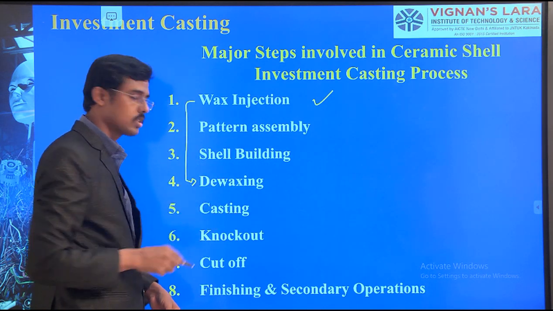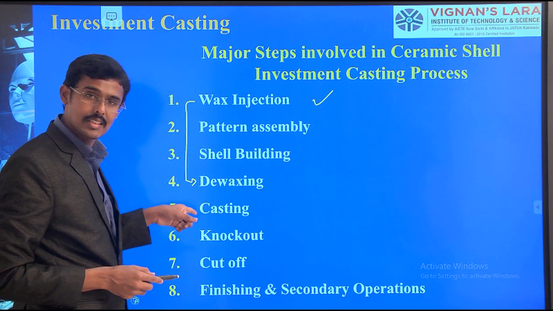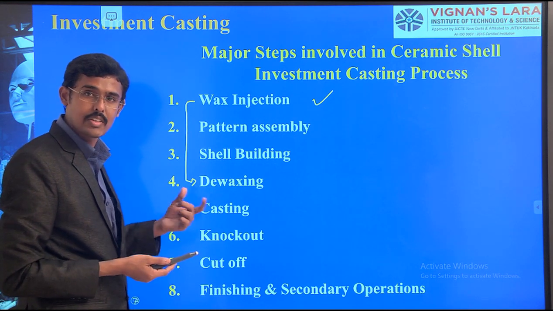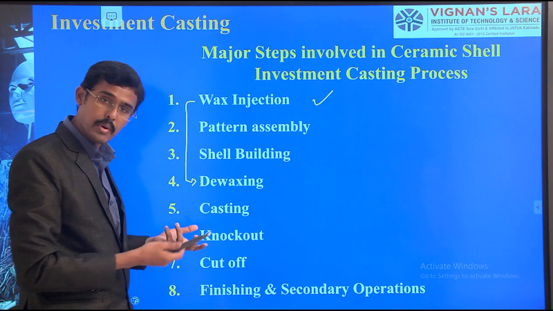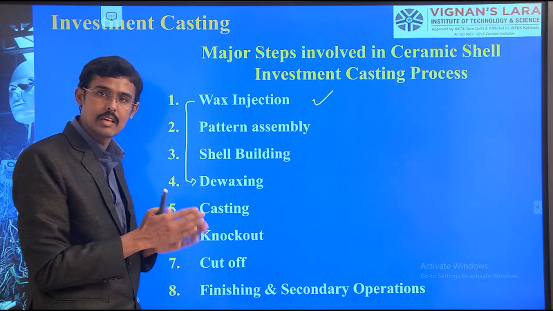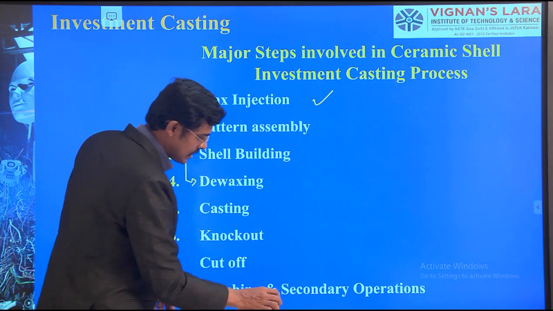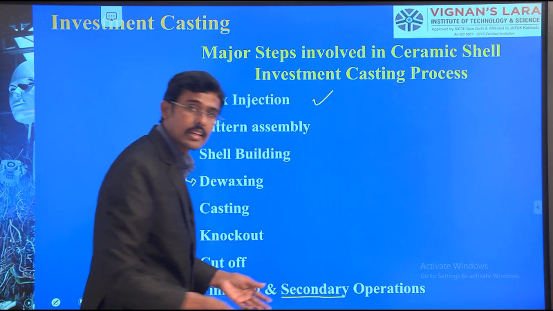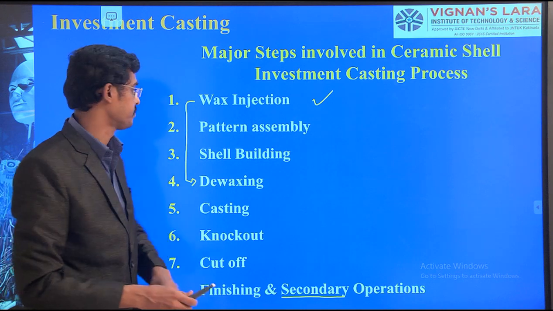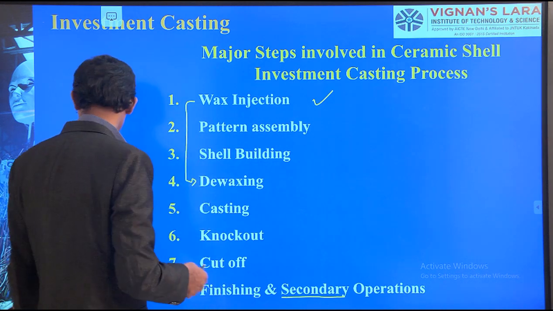Then pouring, casting and solidification. After solidification, we knock out, break the shells and cut the parts which are not needed, and then finishing and secondary operations like annealing and heat treatments can be done. So we will see them one by one.